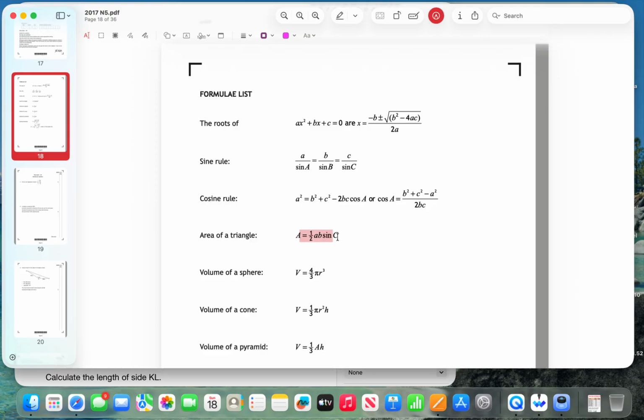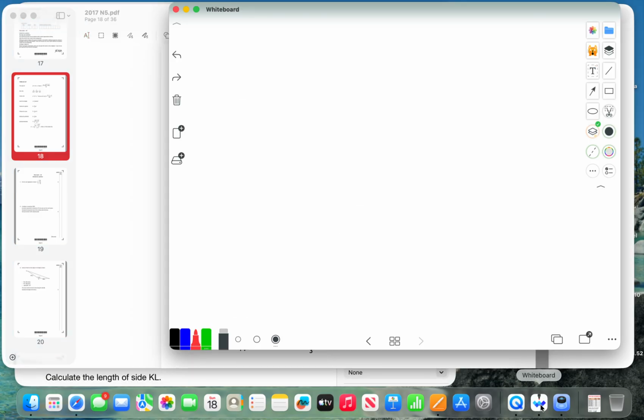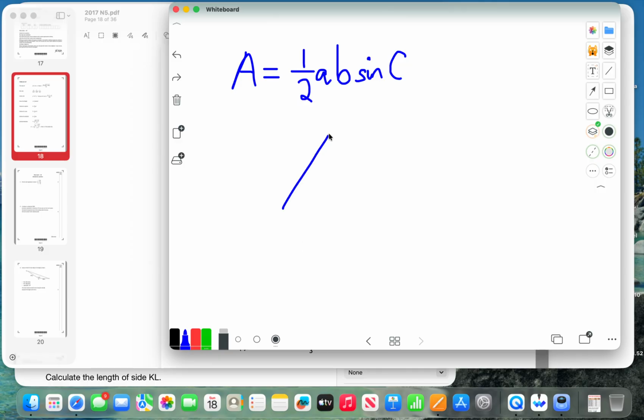We're given this is 1/2 ab sine C. Now let's just write this down, and I'm going to write it in blue because this is an aside, as we have to adapt this formula because we don't have a, b or C. So this is in blue because it's not part of the answer. It's me demonstrating how this formula operates.